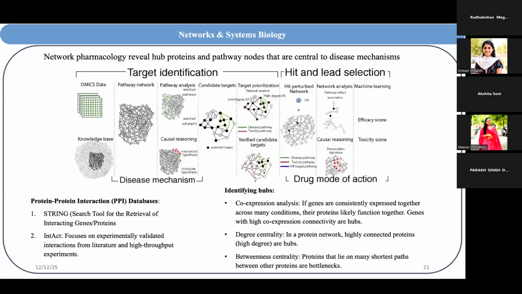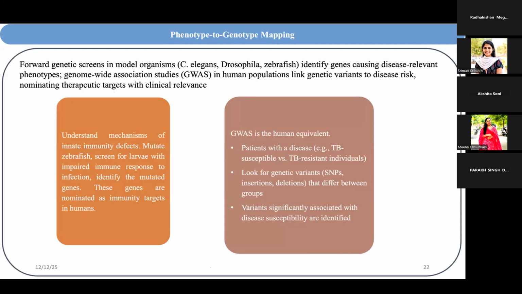Next one is phenotype to genotype mapping. In model organisms like zebrafish, we do mutagenesis, then screen for the mutants with disease-relevant phenotypes.